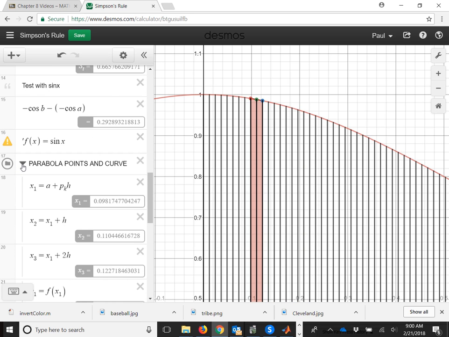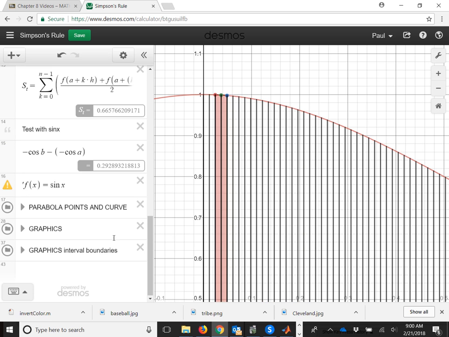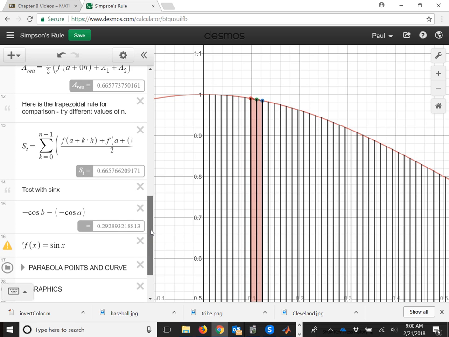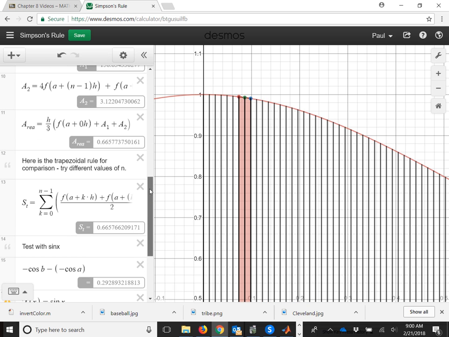This is kind of behind the scenes showing you how Simpson's rule works. But here, they work out the trapezoid rule, 0.665766. So, yeah, they're all pretty close by the time you have that many. But I'm hoping that if I put this link on Blackboard, this will kind of give you what you need for doing the homework.